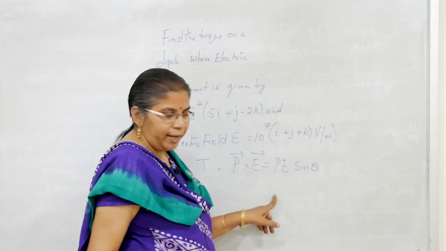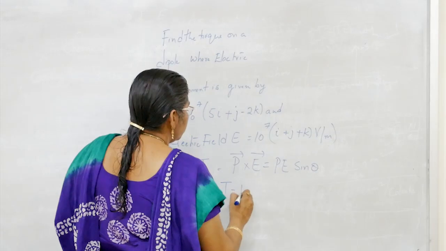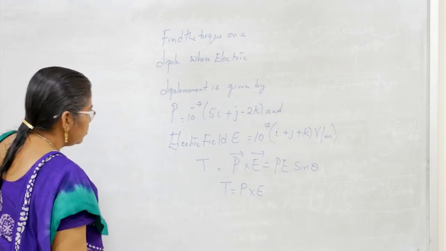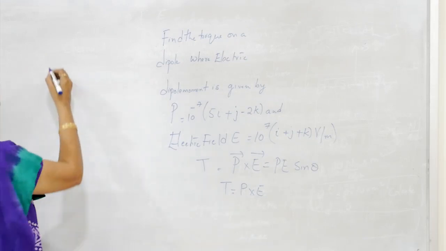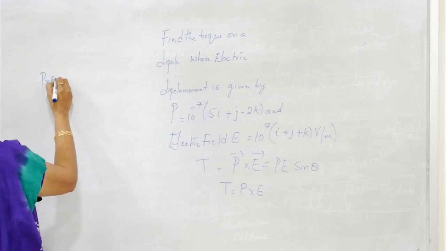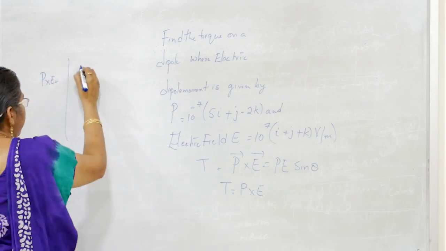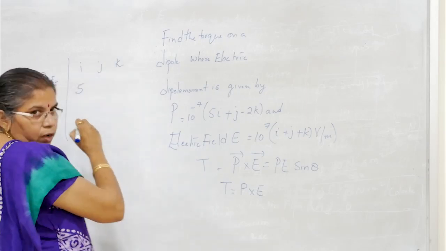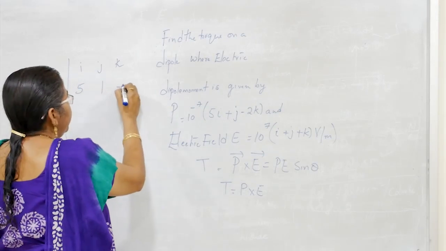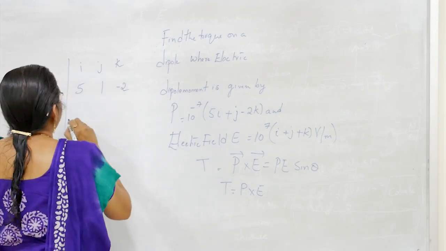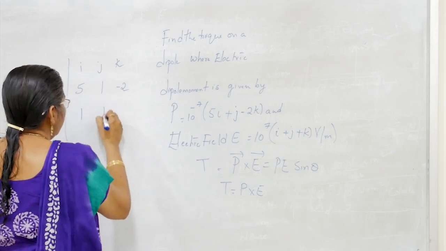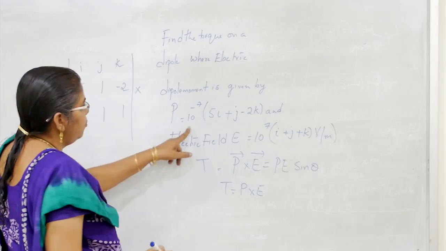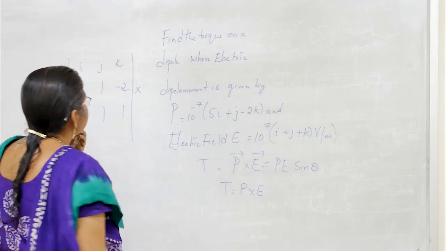So when theta is maximum, torque tau is equal to P cross E. You have to take the cross product: i, j, k, 5, 1, minus 2, then 1, 1, 1, like this, into 10 power minus 7, then 10 power plus 7.